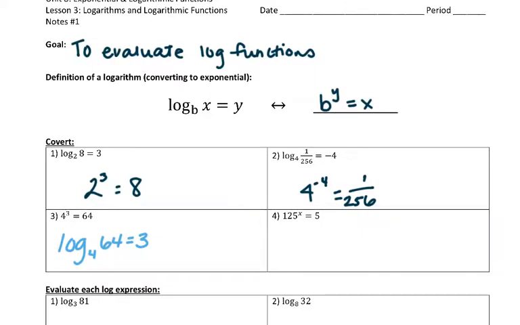All right, the next one is another logarithm. What's your base? It's 125, log base 125 of 5 equals the exponent, which was x. So all I'm asking you to do is convert.